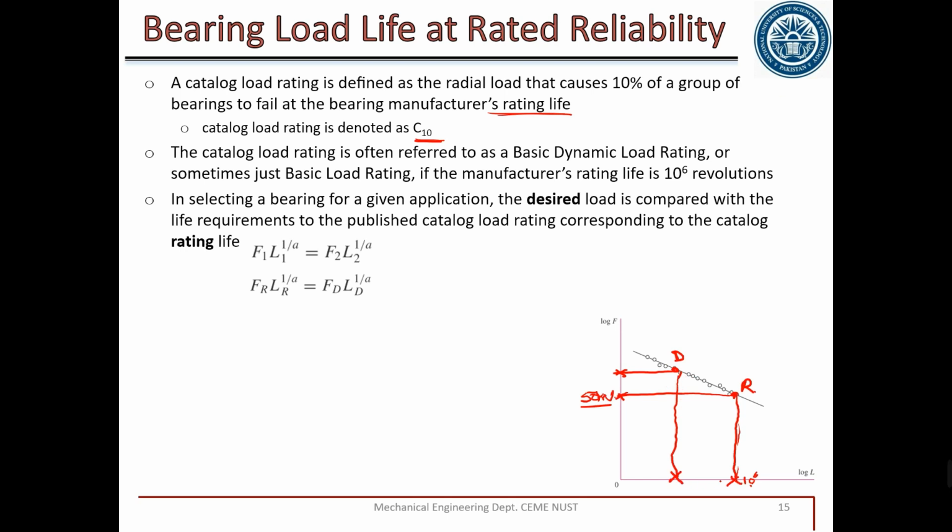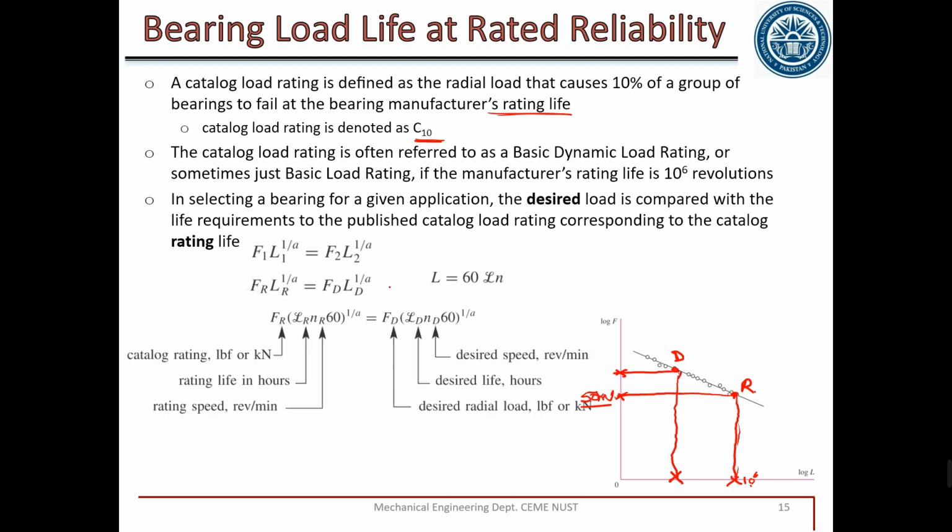We can say that we have a desired life, and for that desired life we can select the load of the bearing which can be applied for that life. So between points D and R, we have this relationship, or in simplified form, FR.